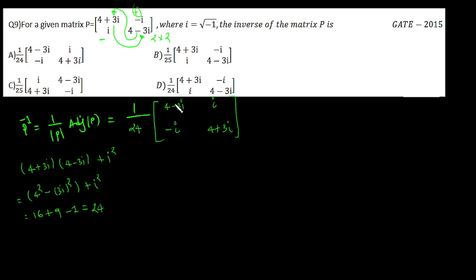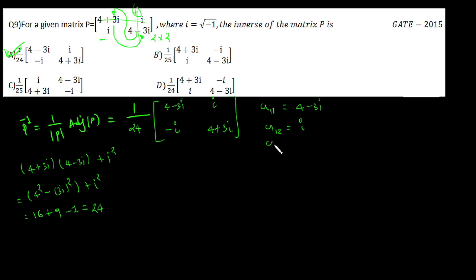Let's check the option. Option A is the correct one according to our inverse. You can also find it another way. If you don't know this trick of how to change the elements and the signs, then you can simply find the minor of each element. The minor of this one will be 4 minus 3i. Now the minor of 1 2 will be simply i. We have to just delete this row and this column for finding the minor of this.